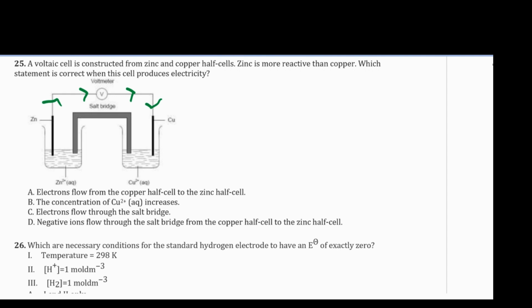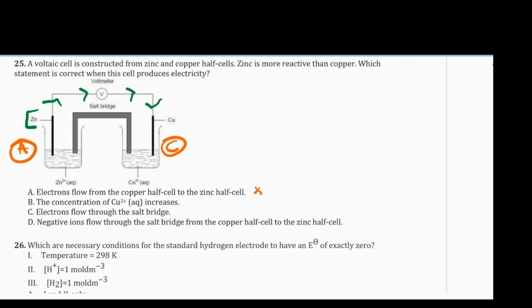If electrons are being lost at this electrode, what reaction is that? It's oxidation. Oxidation always occurs at the anode. That's right. So this will be the anode. That will be the cathode.